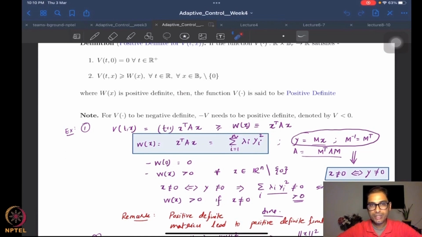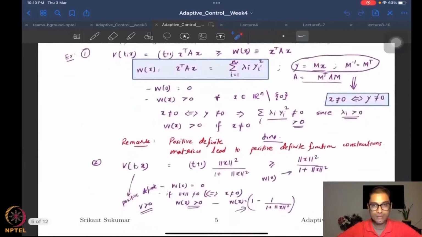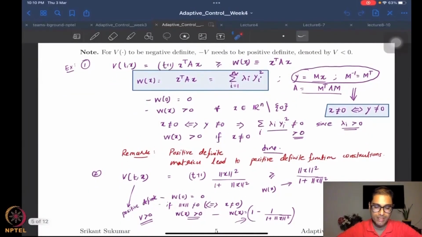So we saw the definition, but it's not always easy to apply the definition, and so we wanted to look at some additional tests, and we looked at these easier tests that can be applied. We also saw the connection between positive definite matrices and positive definite functions through an example, right?